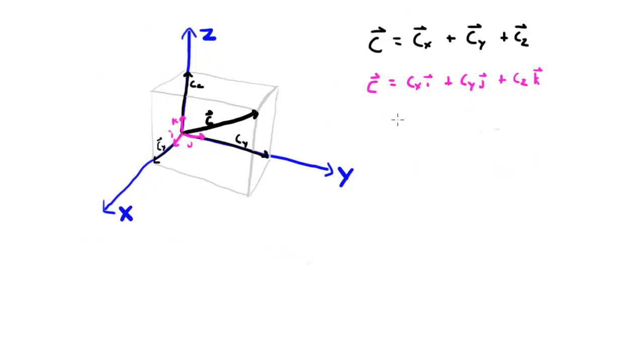Once we have this representation, we can actually extend our equation for determining the magnitude of C, and we can now write that the magnitude of C is equal to the square root of Cx squared plus Cy squared plus Cz squared. Directions, unfortunately, are a bit trickier.